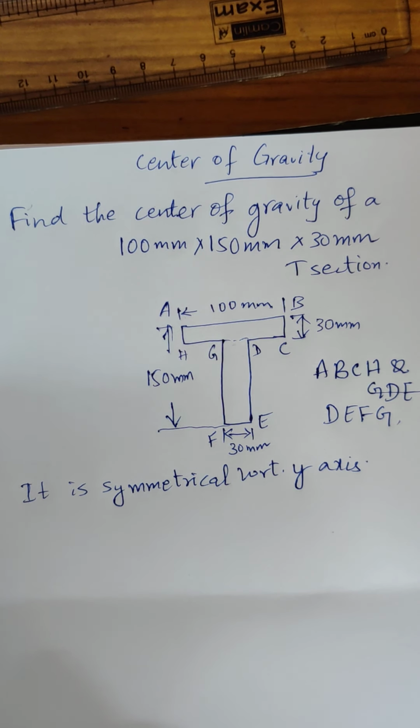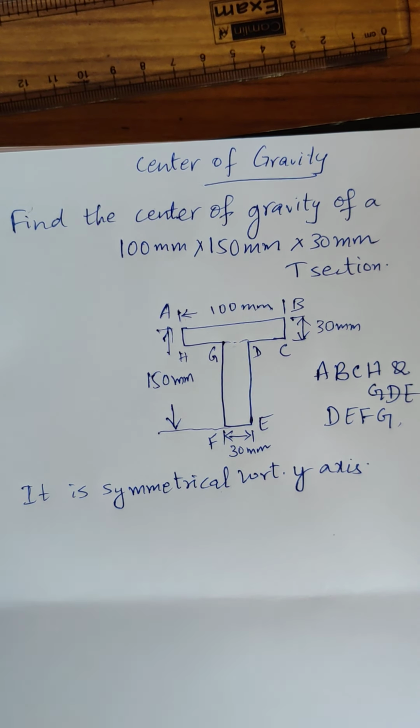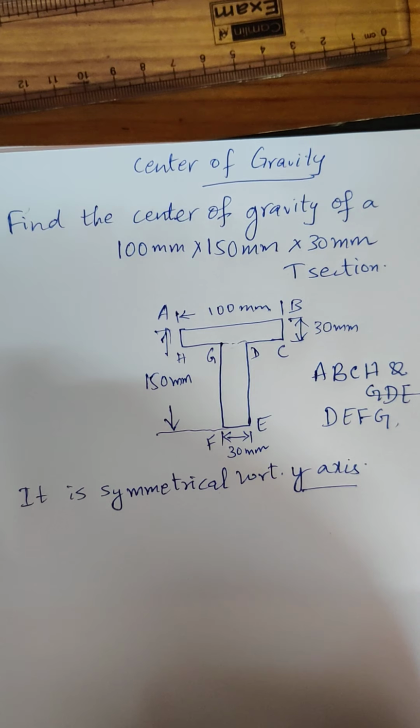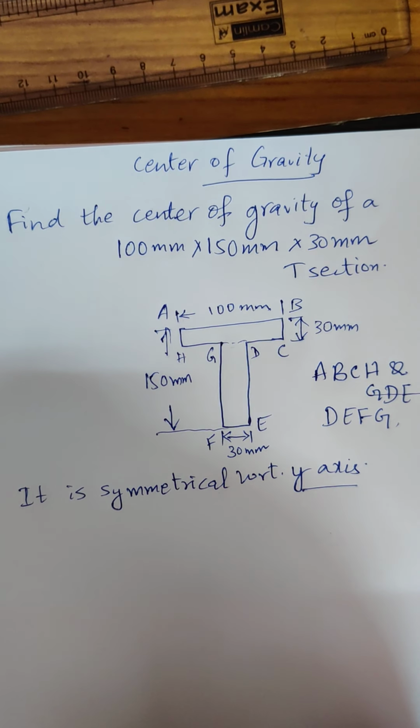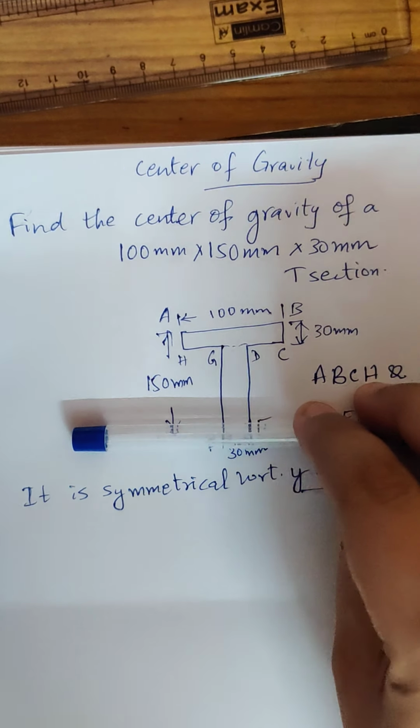Now what we'll do is we have to take something called an axis of reference. Is that clear, students? If it is symmetrical with respect to y-axis, we go with respect to this.